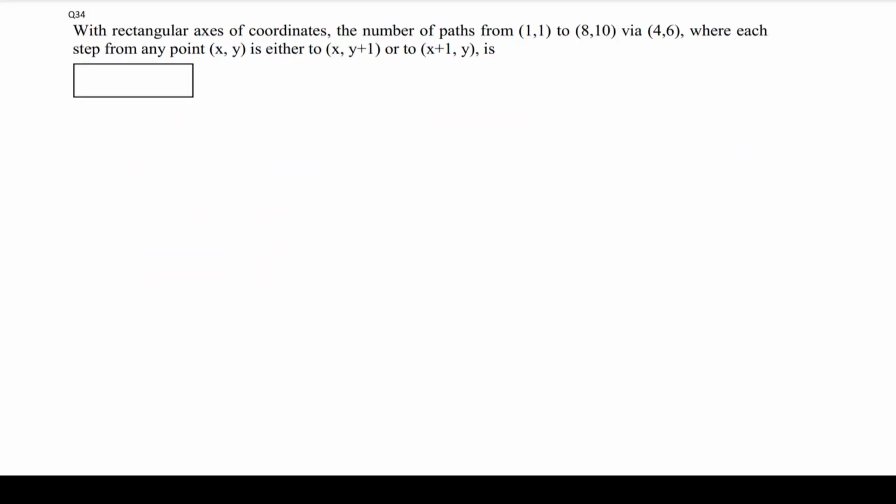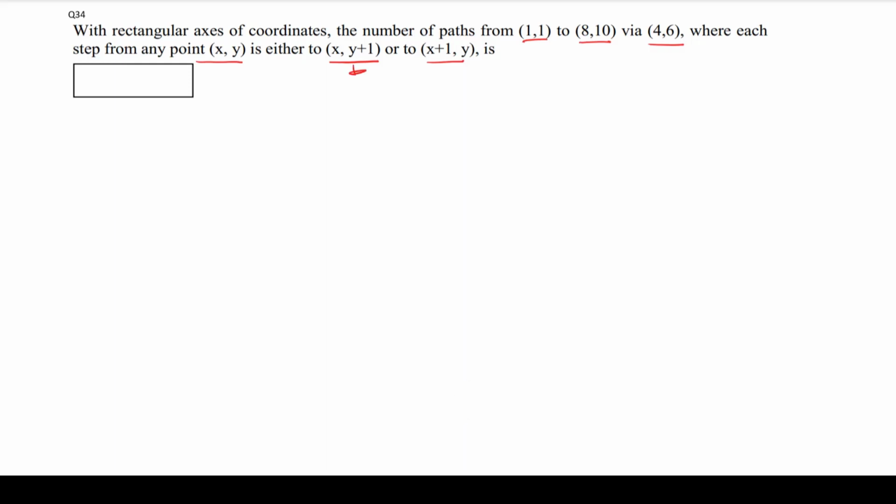Question number 34. With the rectangular axis of coordinates, find the number of paths from (1, 1) to (8, 10) passing through (4, 6), where each step from any point (x, y) is either (x, y plus 1) or (x plus 1, y). This is a question from permutation and combination, to count the total number of paths.